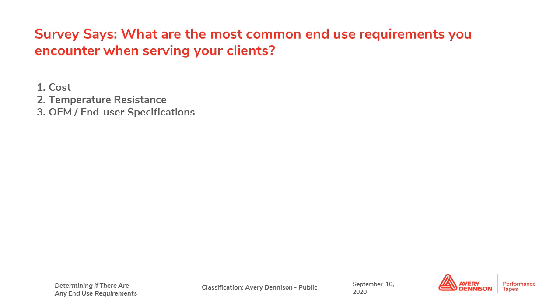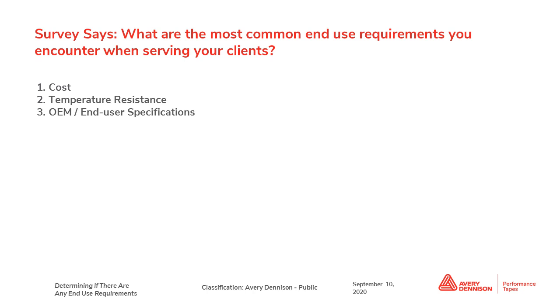A lot of times there's cost pressures, so that often comes up, and that comes to the forefront of why an adhesive might be recommended and what a converter needs. Temperature resistance is definitely the most common performance requirement that we see pop up. A lot of times these applications are outside and exposed to difficult environments. So temperature is often one we have to consider.